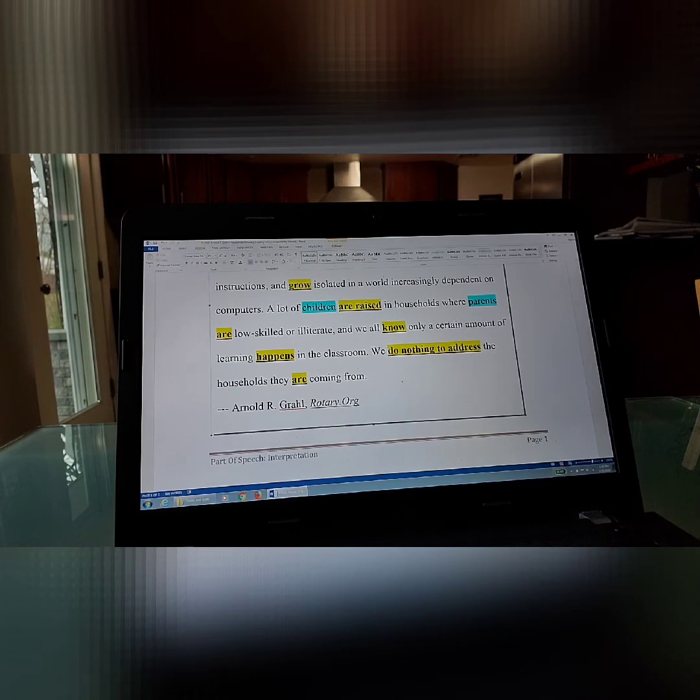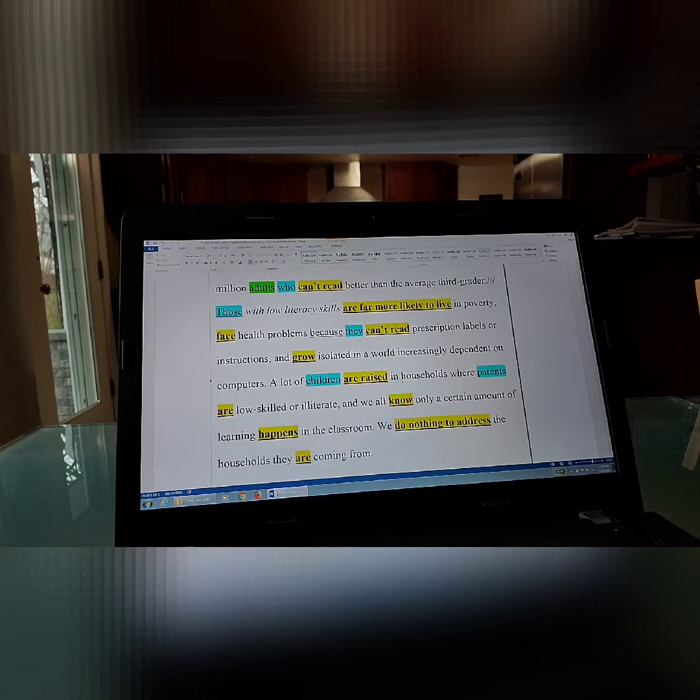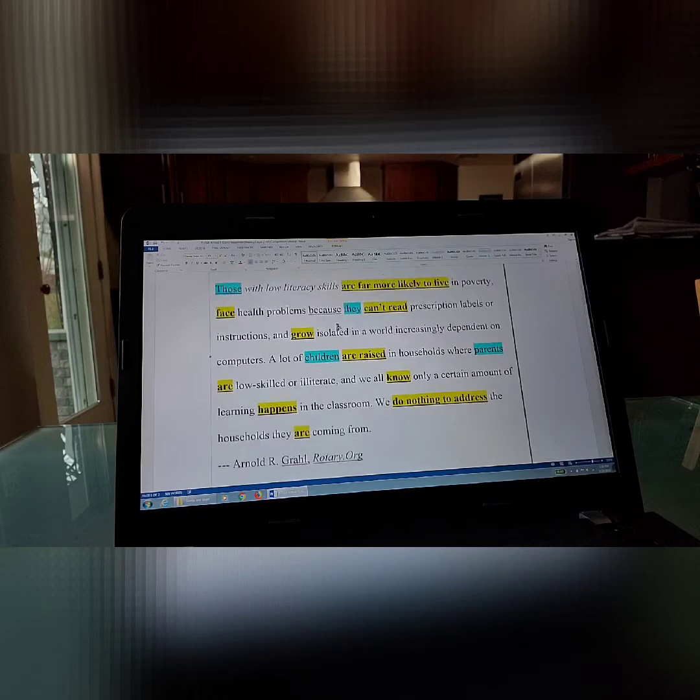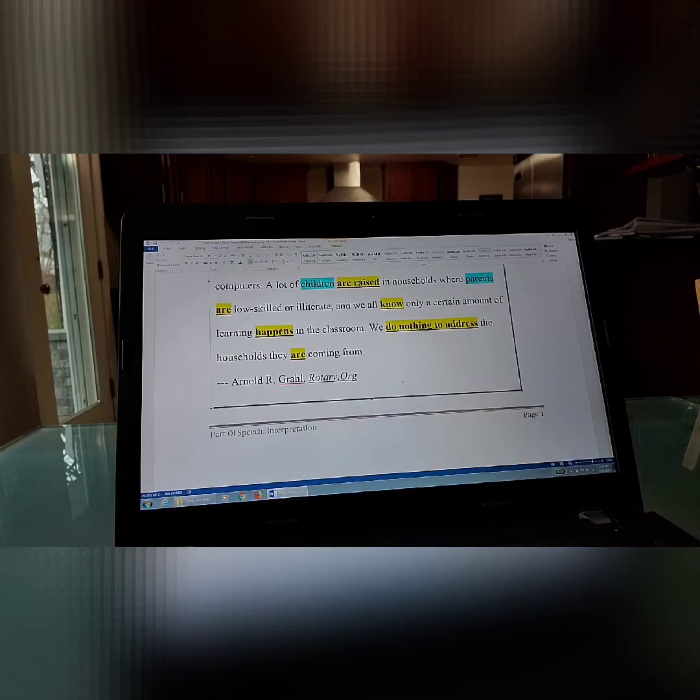Again, illiterate, right? In this particular case, ill, meaning not. So when you see literate, like notice up here it says literacy, right? And literacy can be a noun by itself, but in this particular case, it could also be an adjective because it's describing the skills, right? And then here you have illiterate. Illiterate here is an adjective, right? And it has the word ill, basically changing the idea of literate.